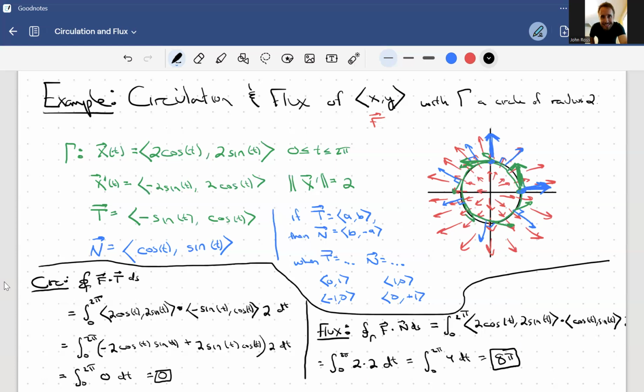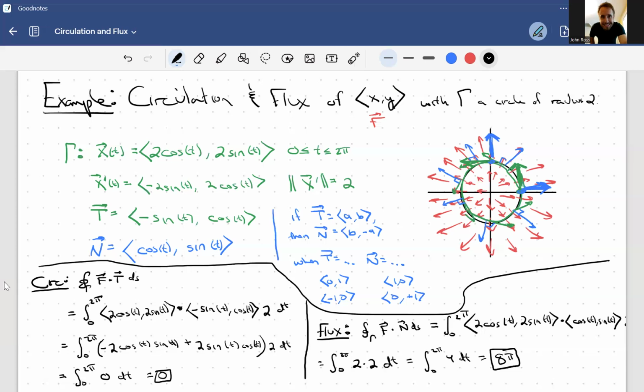Now, the flux, on the other hand, is telling us the opposite. It's not telling us about how the particle moves around the curve. It is telling us about how the fluid moves across the barrier of that curve. So how it moves from the inside to the outside. And what we see here is that there's actually a lot of movement from one side of the curve to the other, right? Looking at the red vector field, all of our fluid is basically moving across that curve, across that membrane to the other side.